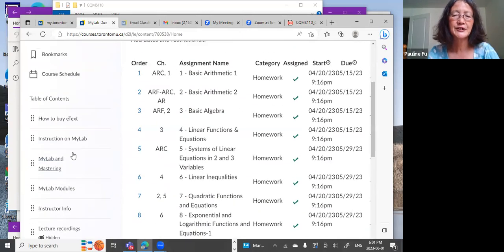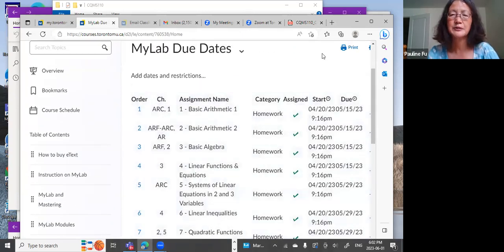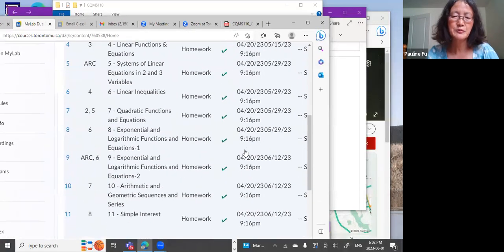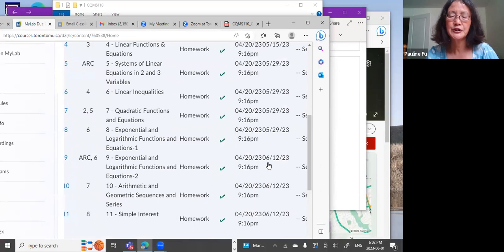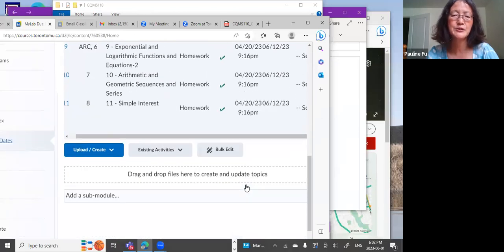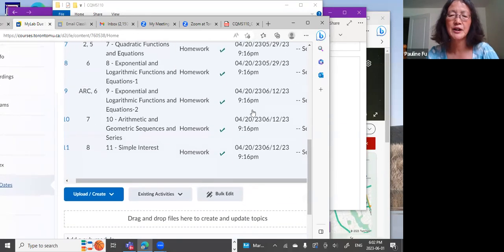So the last few modules would be due June the 12th. June the 12th is module 9, module 10, module 11, and module 12. The last 4 modules are due June 12, just one day before our final exam.